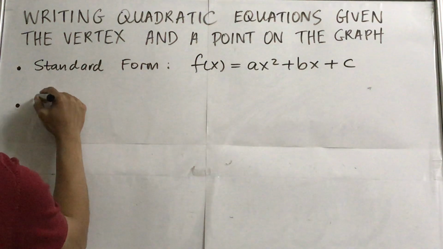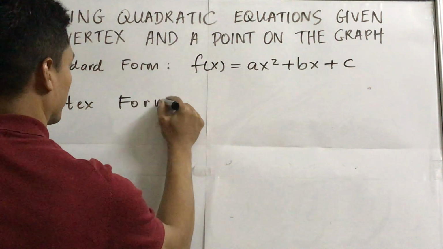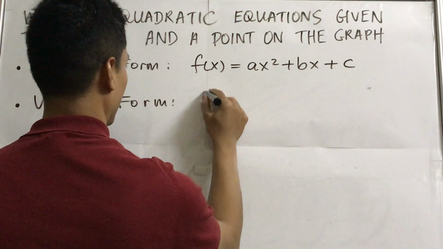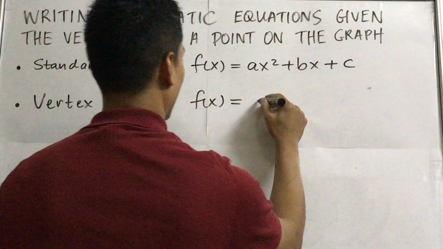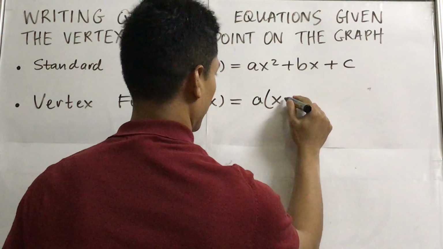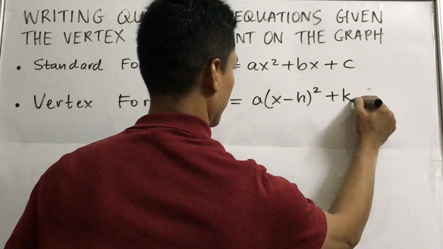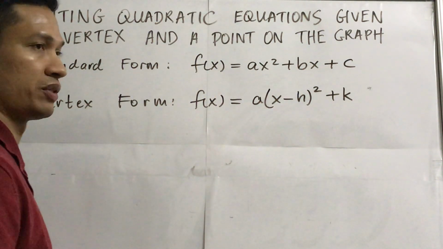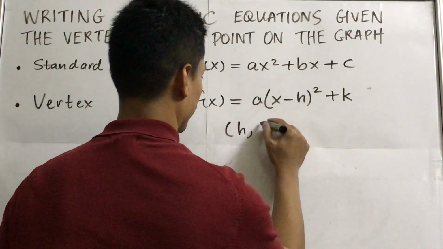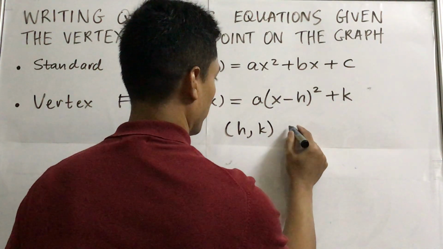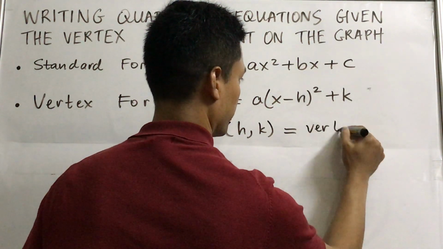Now the next form is the vertex form, which is f of x equals a times parenthesis x minus h squared plus k. Now in this case, h and k is your vertex.